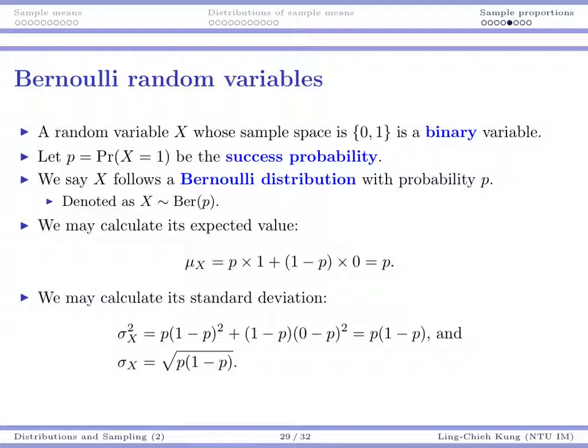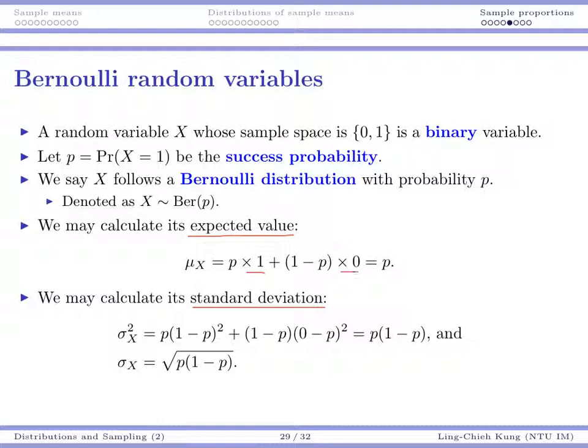We want to calculate the expected value and the standard deviation of our random variable X. Again, we may use the general formula to do that. So let's calculate the expected value of X. You know that the expected value of X is, first you take all the values and then you do a weighted average of all these possible values with their probabilities.